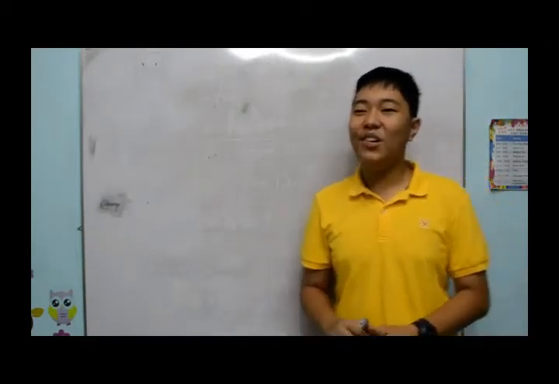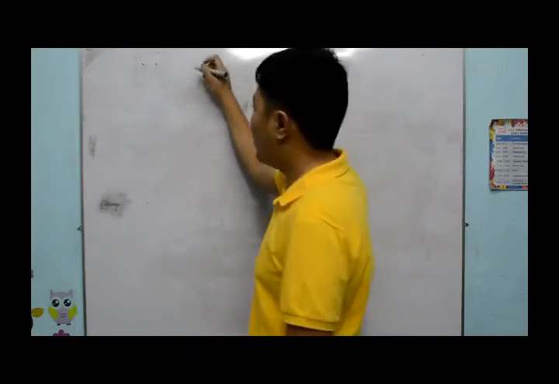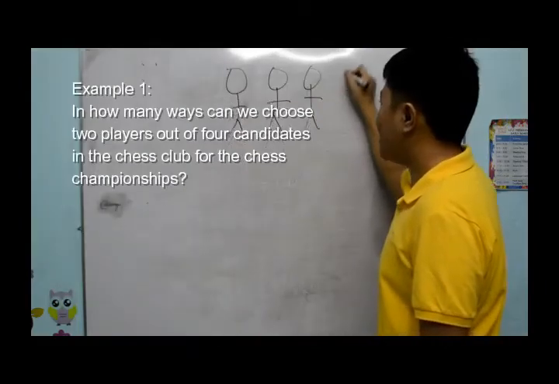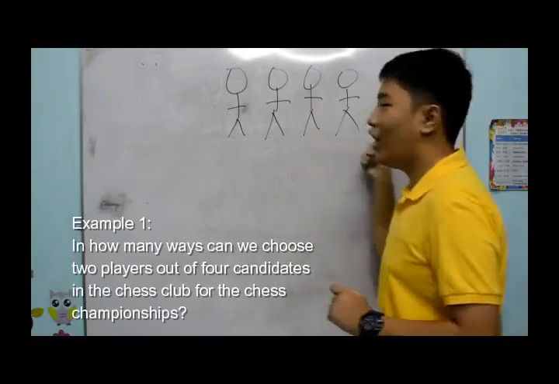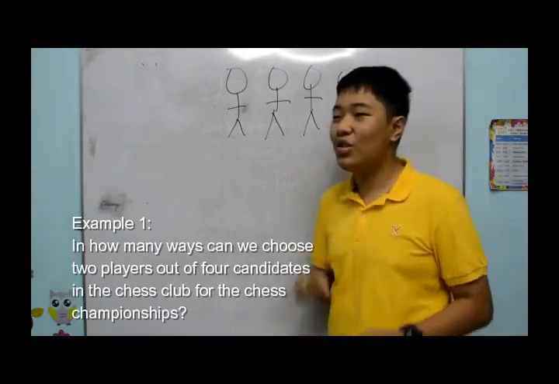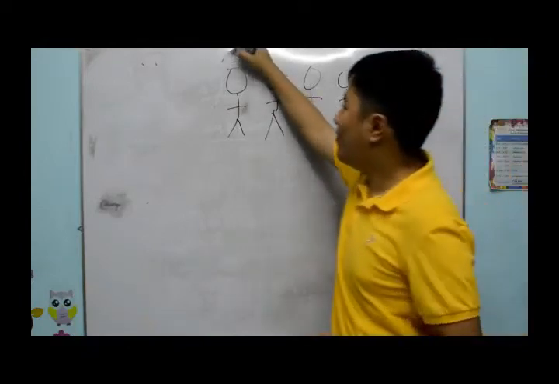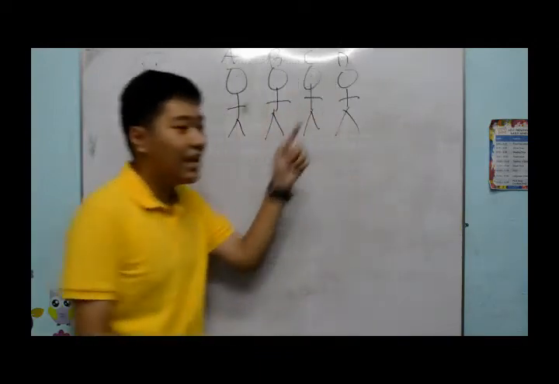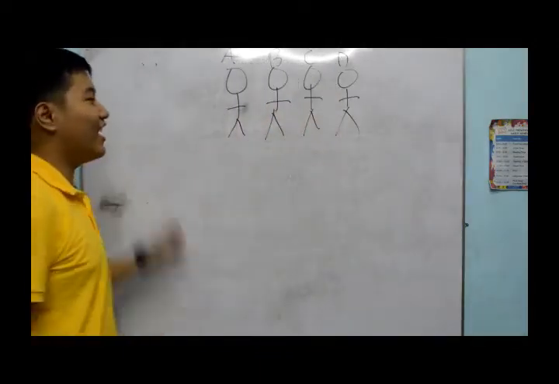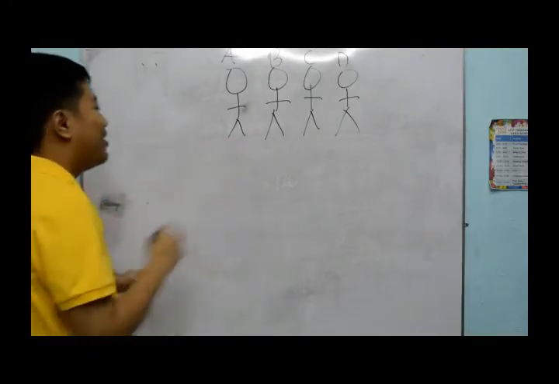Now, let's go on to some real-world applications of this. Let's try example number 1. How many ways can we choose 2 players out of these 4 people to send 2 of them into the chess championships? Now, let's name them A, B, C, and D. Now, I did not name them. Their parents named them A, B, C, and D. Wow! Now, we can just list all the ways we can choose the players.